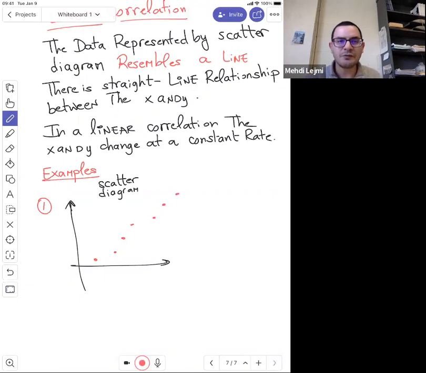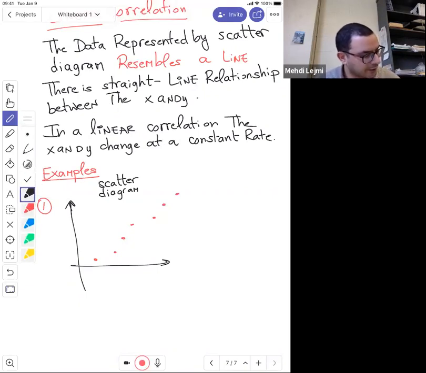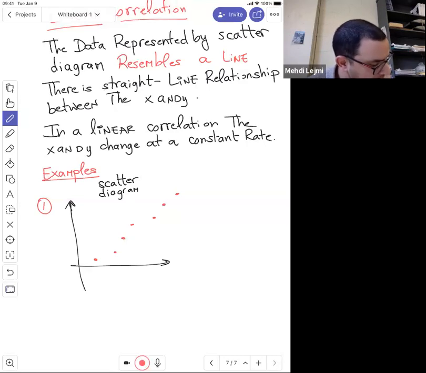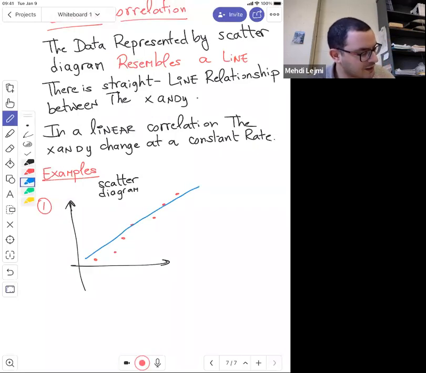The best line that represents this scatter diagram is the line that comes closest to each point. It doesn't have to be the perfect line, but the best line here which represents this data would be, for example, this line here.